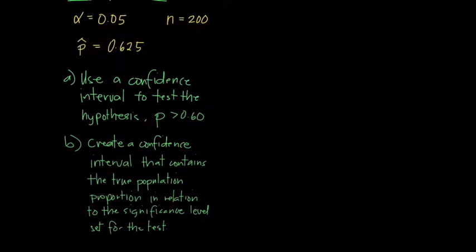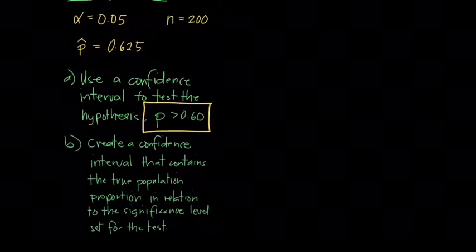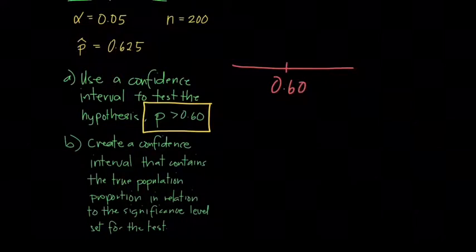Now, to know whether to find the upper limit or the lower limit, always focus on the alternative hypothesis. If the alternative hypothesis says that p is greater than 0.60, and we want to find some evidence to support this claim, then our goal is to check, are we going to have a little more than 0.60, or a value that will cover 0.60. So as we can see from this analysis, what we want is actually a lower limit and not an upper limit.